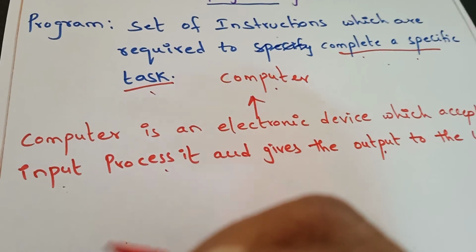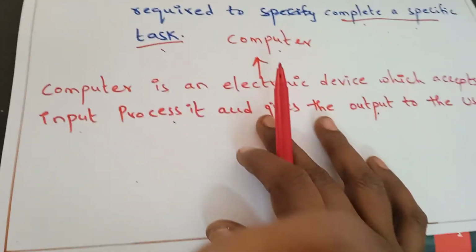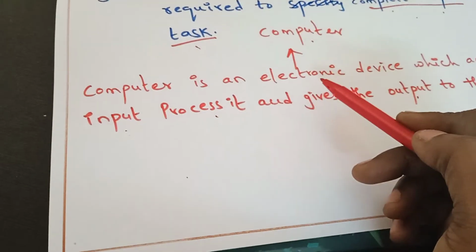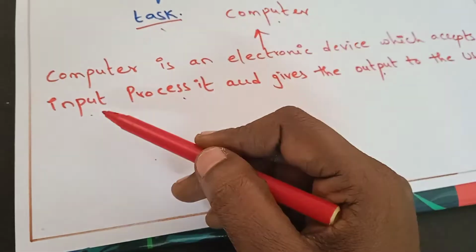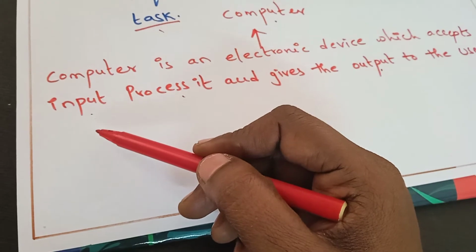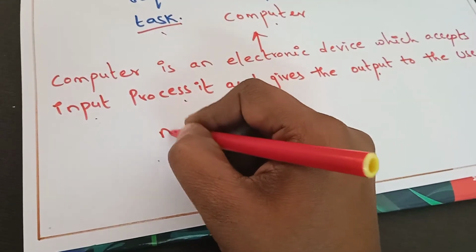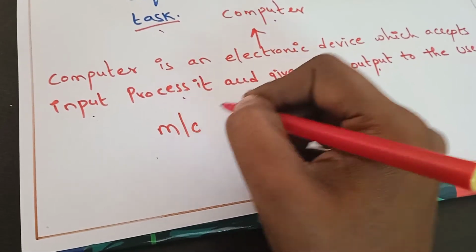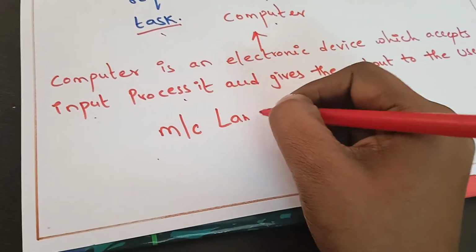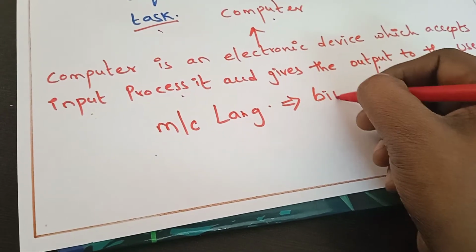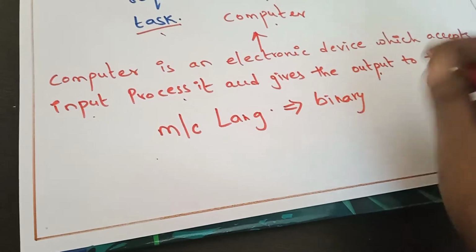So how do we give this input? That is the question. As it is an electronic machine, it cannot understand our human language. It understands machine language. This machine language is also called binary language. Binary means two.